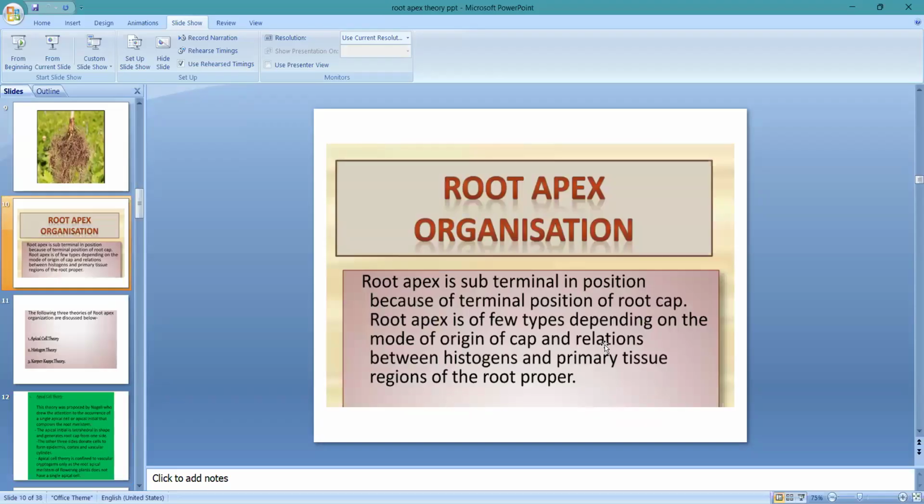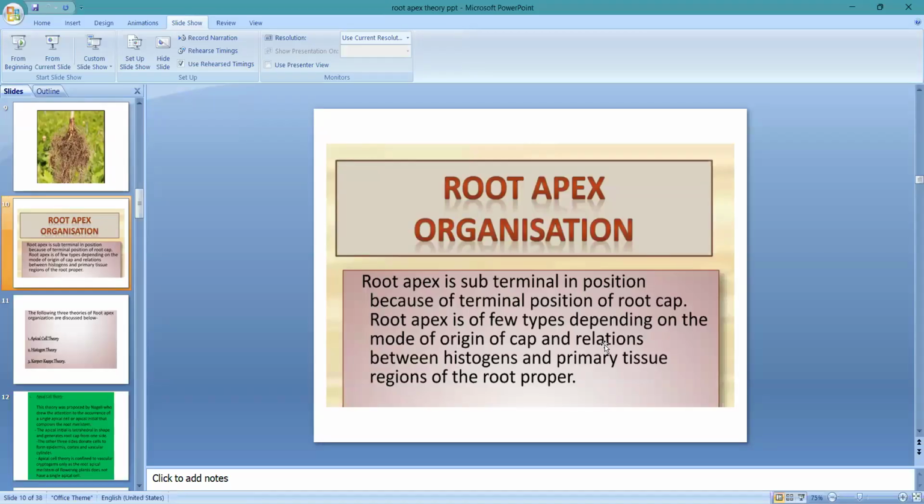It is the same as shoot apex organization. Root apex is subterminal in position because of the terminal position of the root cap. Root apex is of a few types depending on the mode of origin of the cap and the relations between the histogens and the primary tissue regions of the root proper. These are basics of the root from the 7th class onwards.